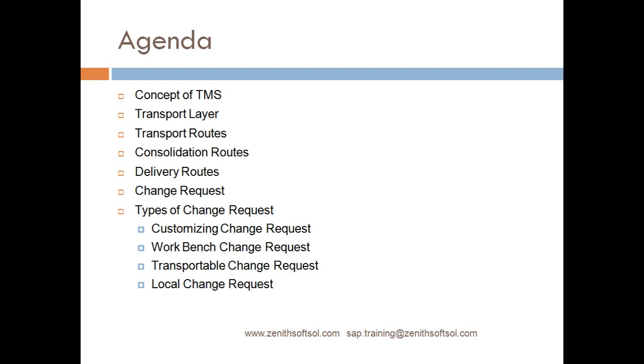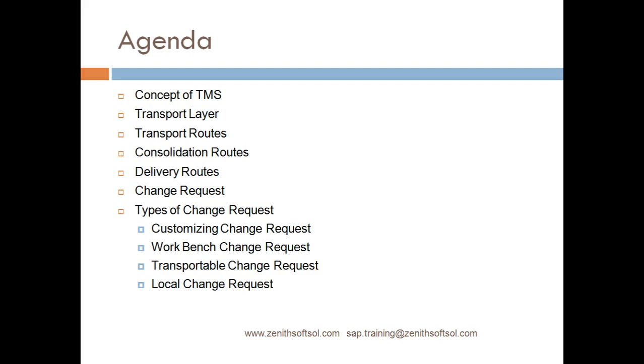So CTS is a tool which is used to transport, tune, and test customizing settings between systems and clients. Using transport requests and customizing settings, development work created in a separate development can be automatically recorded in a change request and then transported into the quality assurance client and finally into the production client.